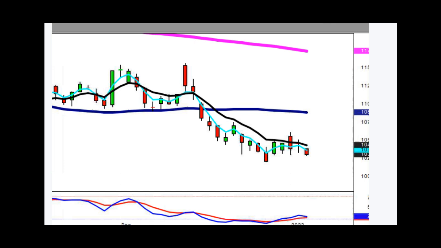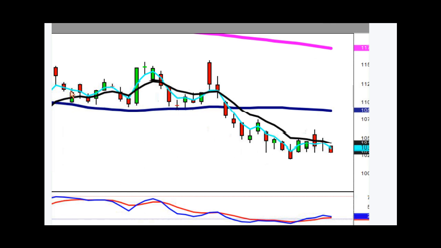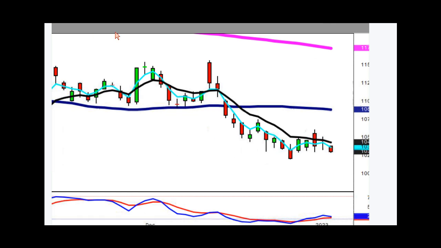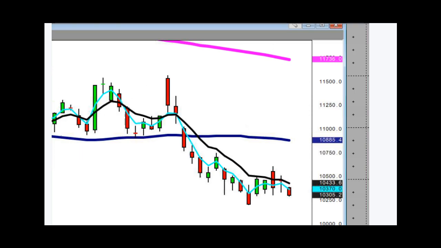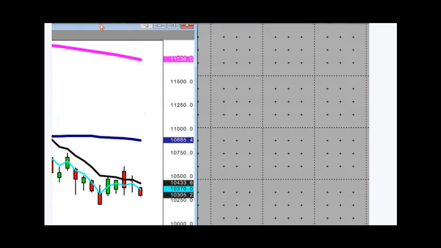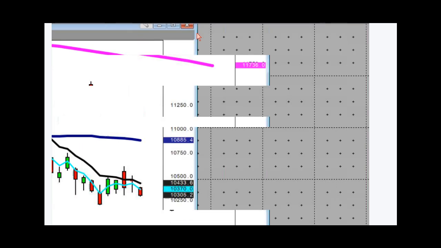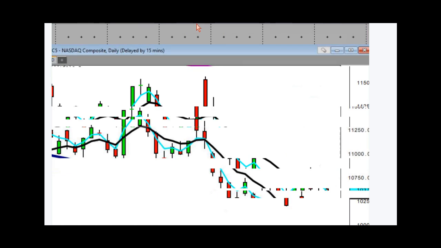Let's see. Try this. Sorry about this. For some reason, the 200 disappeared off of that other chart.